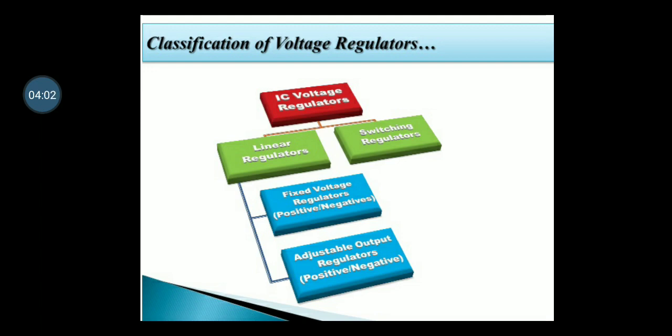The output voltage is controlled by the continuous voltage drop taking place across the series pass transistor. Since the transistor conducts in the active or linear region, these regulators are called linear regulators. Next are the switching regulators. Switching regulators operate the power transistor as a high frequency on or off switch so that the power transistor does not conduct currents continuously. This gives improved efficiency over series regulator.